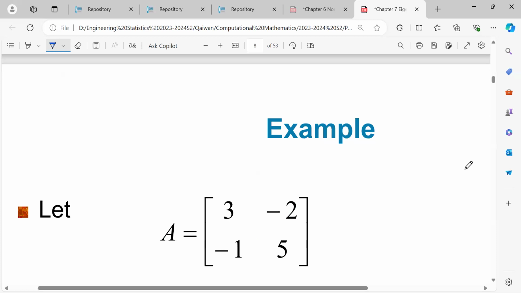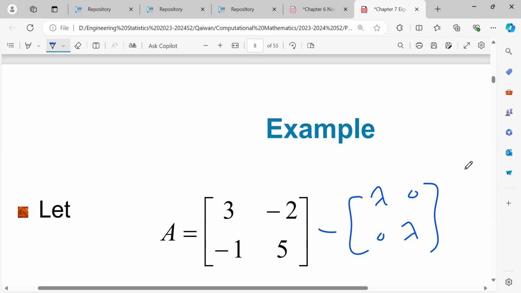What we do, we need to find the determinant of A minus lambda I. This is A minus lambda I, which is lambda 0, 0, lambda. As it's a 2x2 matrix, I must be a 2x2 matrix, and multiplied by lambda, we get this one.